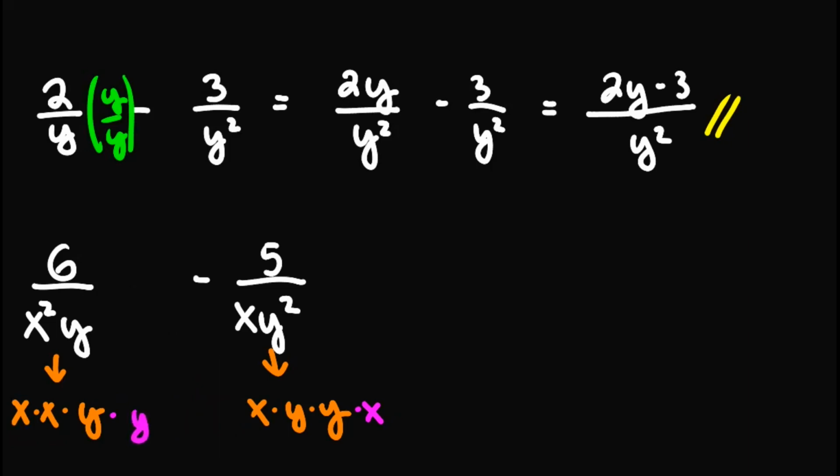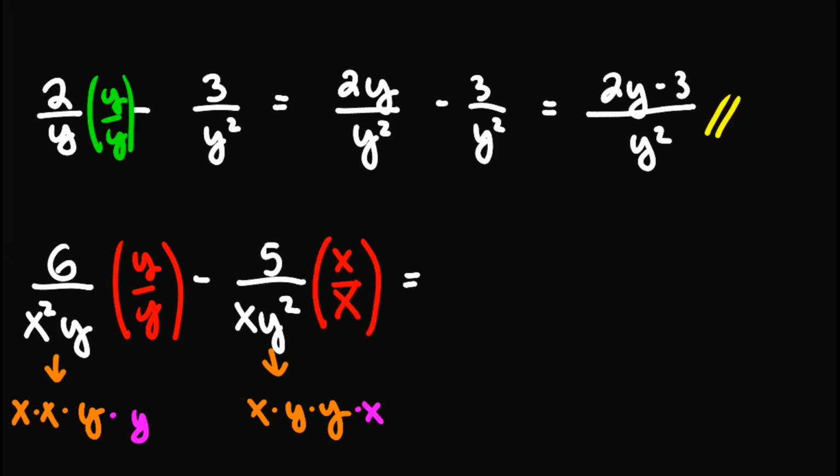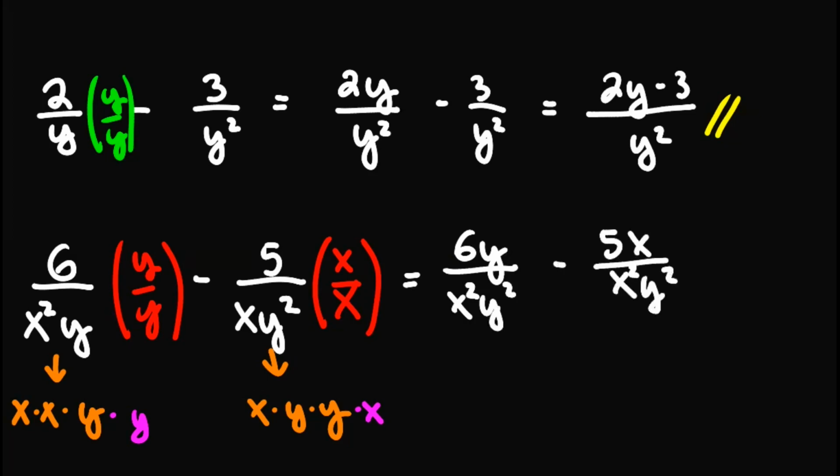So we can multiply y over y out here and x over x out here to obtain 6y over x squared y squared minus 5x all over x squared y squared.